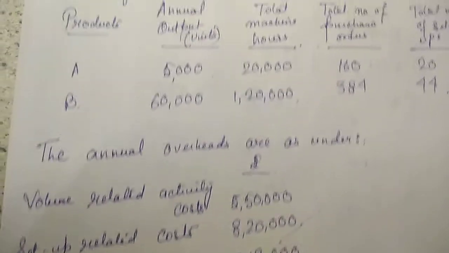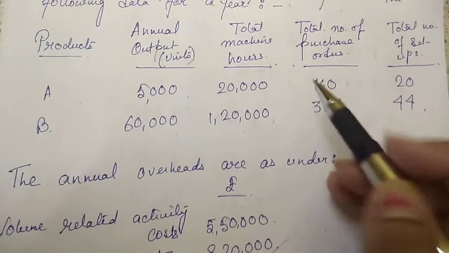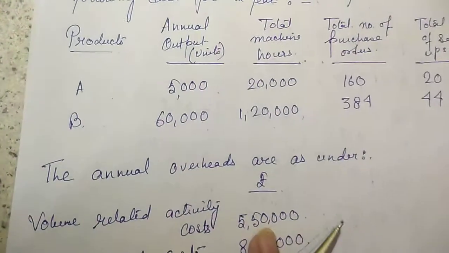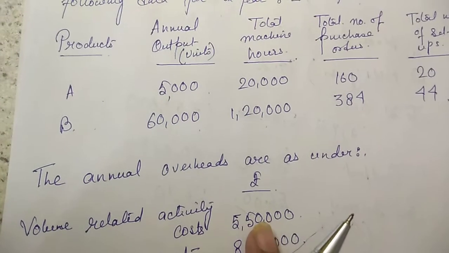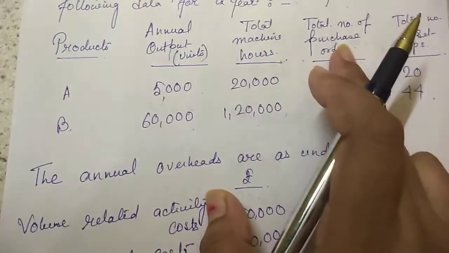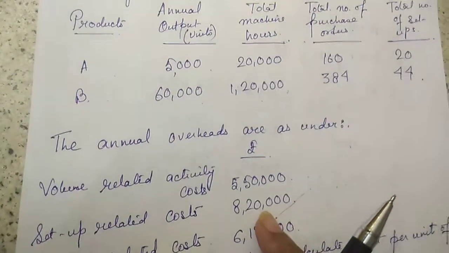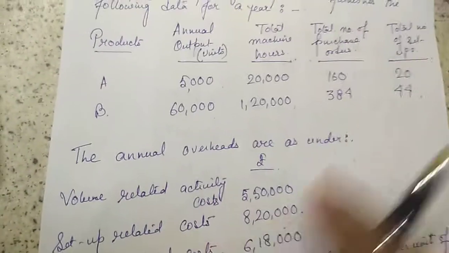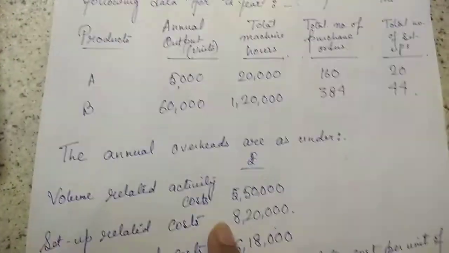Fine. So what are my cost drivers? Cost drivers are my machine hours, because when my machine is running, I am incurring a volume related activity cost. It is production related cost. Purchase orders, purchase related cost. Setups, setup related cost.